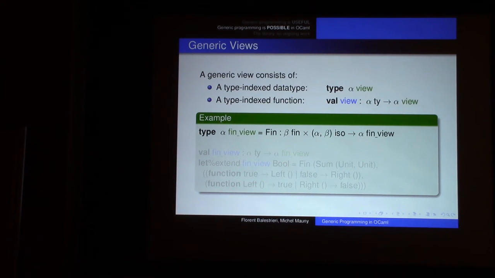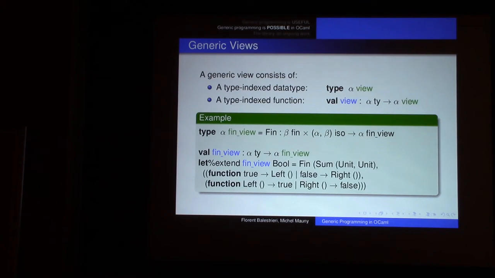So continuing the previous example of finite types, a finite type view will be a value beta fin reflecting the finite type beta together with an isomorphism between alpha and beta.